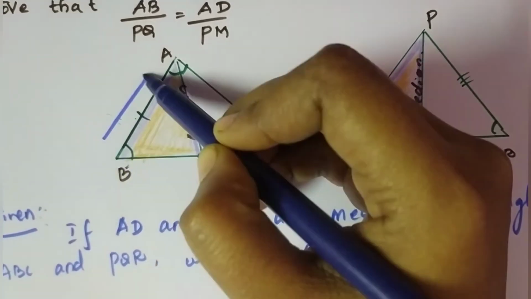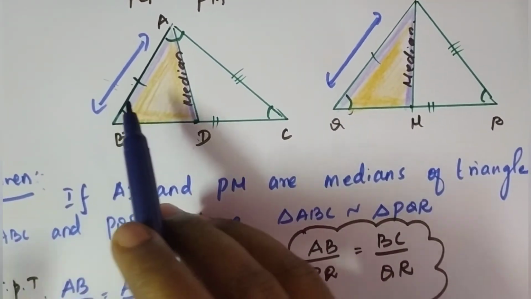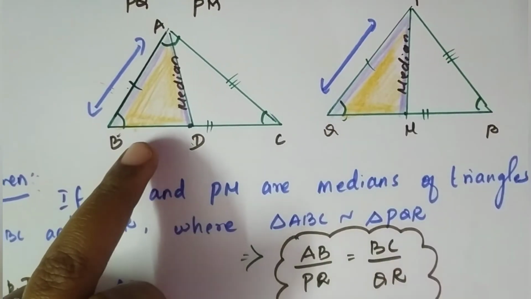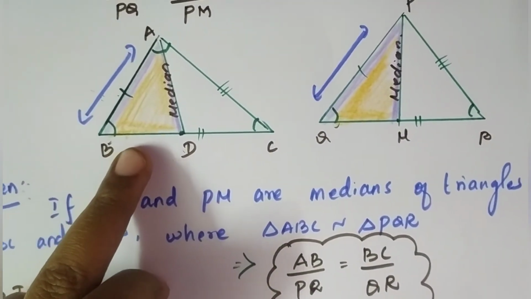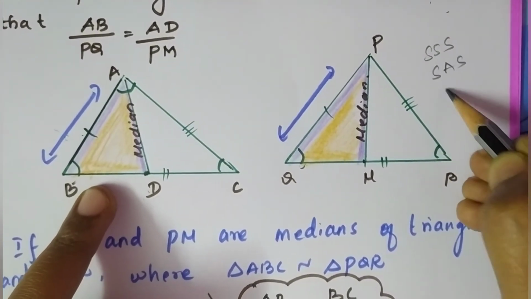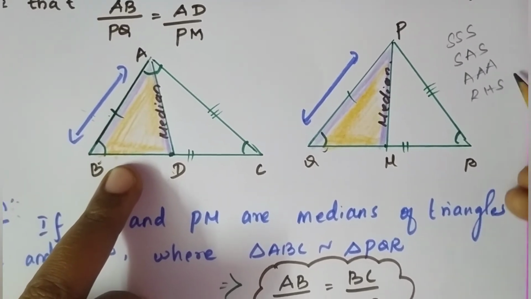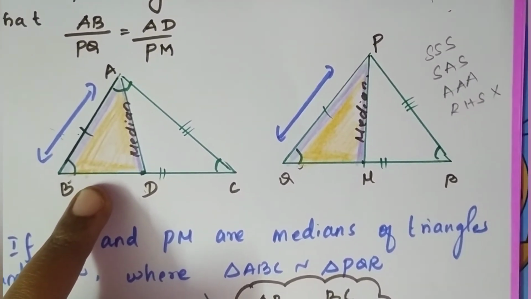Then we need AB by PQ. We have to prove that the two triangles are similar. By which criterion can we prove it? RHS? There is no right angle here, so cancel this one.